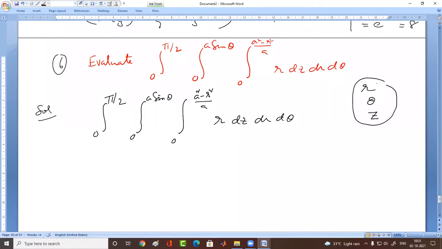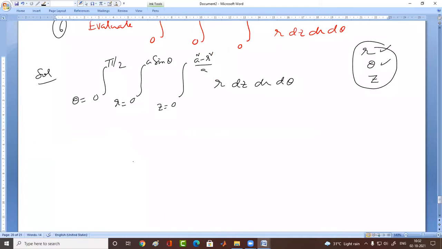If the given integral is in these three coordinates r, theta, z, call it cylindrical coordinates. Our problem is in cylindrical coordinates, so how to find the integral? Just the name is cylindrical coordinates, the procedure is the same. Here in terms of theta, that's why this is theta. Here in terms of r, other than r and theta, that's why this is z. Theta is completed and r is completed. Now coming to the third variable z.